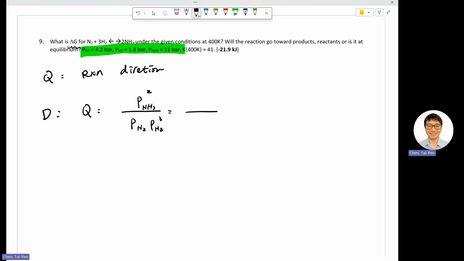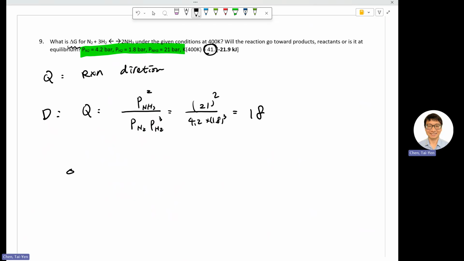So NH3 is 21, N2 is 4.2, H2 is 1.8. If you do that calculation, your Q is going to equal 18. And then it tells you the K is 41, right?